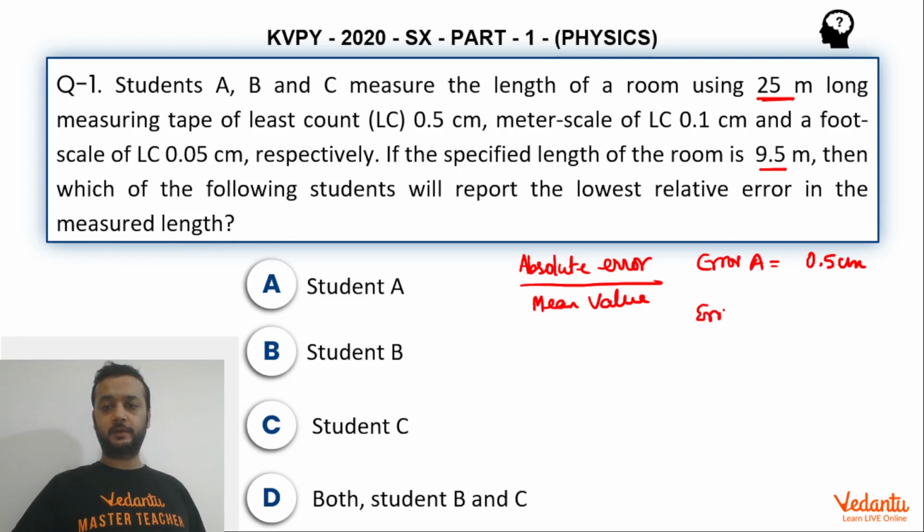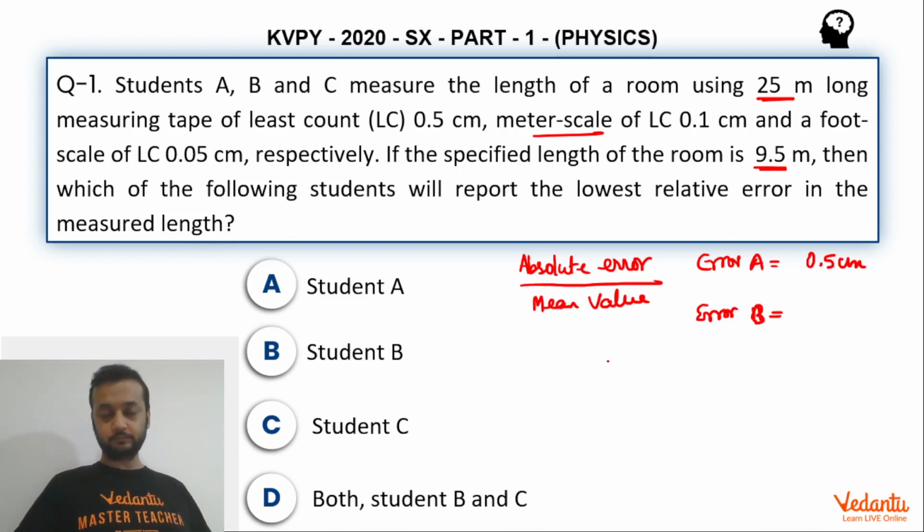Now if you talk about the error in measurement of B, it is a meter long scale, so he will not be able to measure this much length in one shot. If you have to measure 9.5 meters and you have only a 1 meter scale, you will have to measure at least 10 times. In 9 times it will be 9 meters, and one more time you will be able to measure 9.5.